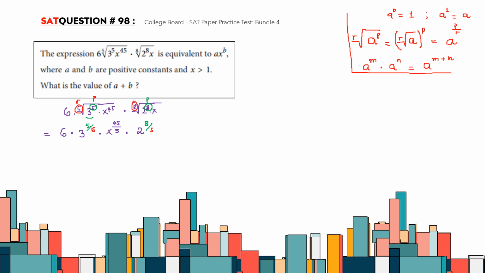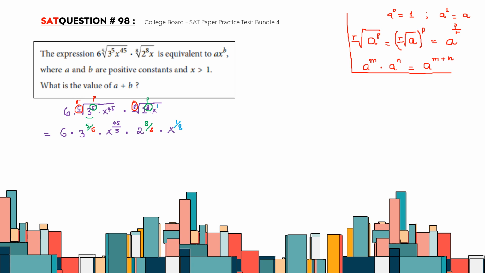Then we multiply by x, where the power is 1, so that is 1 over the root a.